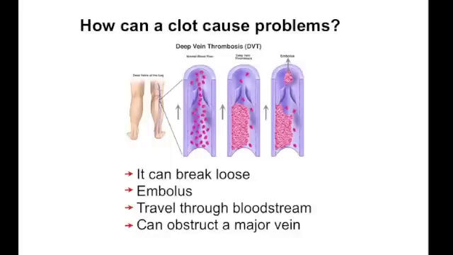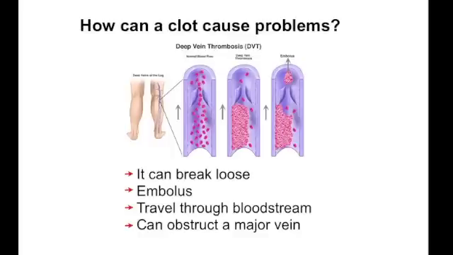The third drawing shows you a clump coming off or breaking loose from the wall, and that's what's called an embolus. So the first drawing shows you a normal blood flow, the second drawing shows you a deep vein thrombosis or a blood clot, and the third one shows you an embolus. And right below the video you can basically see what I just explained.